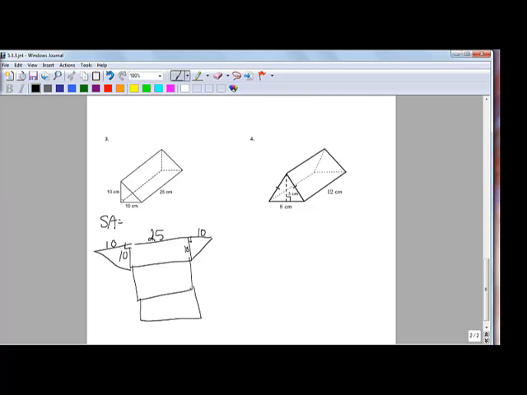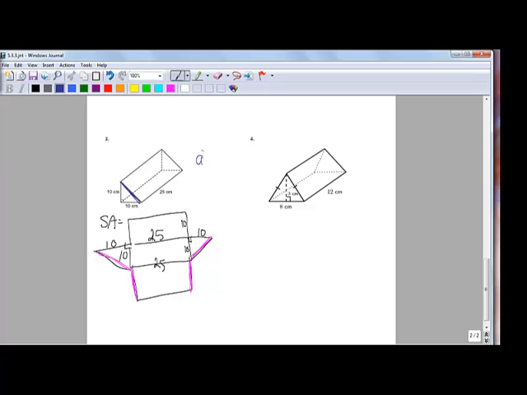Maybe I'll draw it up here to make it a little more clear. If that's 10, then this is 10. The tricky side to find is this one right here, which corresponds with the hypotenuse of that 90-degree triangle. Before we can do anything, we've got to find the hypotenuse.